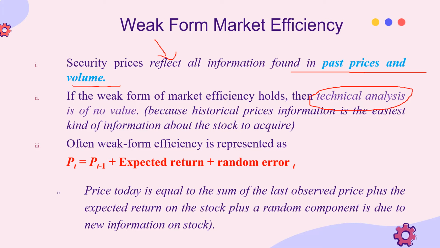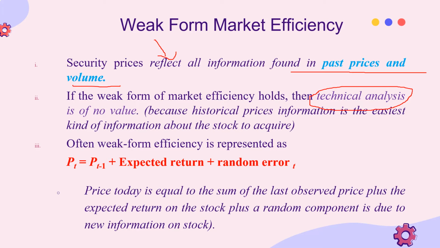So harga tu akan berubah. Sebab tu ia classify during weak form market, technical analysis is useless. Masa weak form market ni, technical analysis tak boleh diguna pakai, sebab harga tu bergerak from time to time. So it is not compatible untuk gunakan past info kita untuk tahu harga for our future.